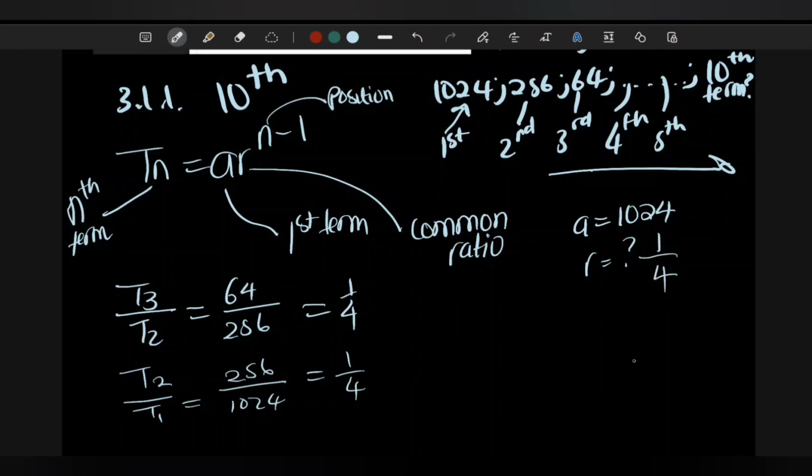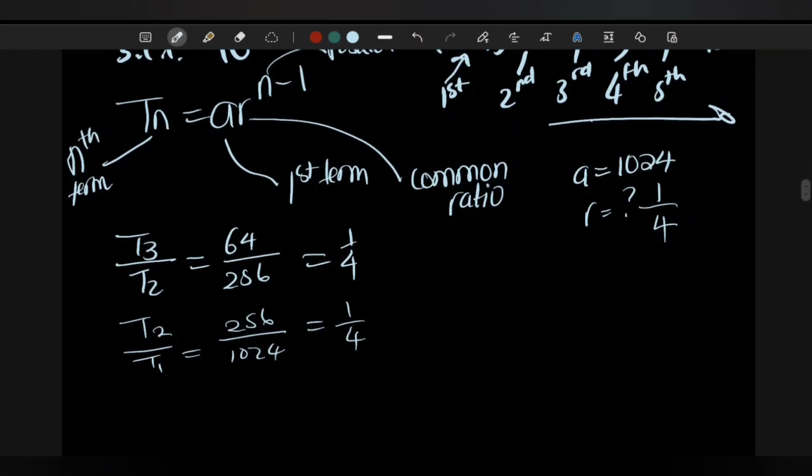So we have A, we have R, so we can go somewhere. Now you go back to your formula, Tn equals, we already know our A, 1024, and we know our R, 1/4. We know that we are looking for the 10th term.